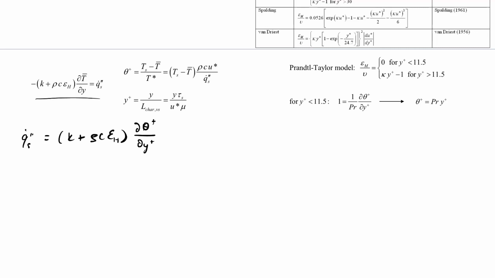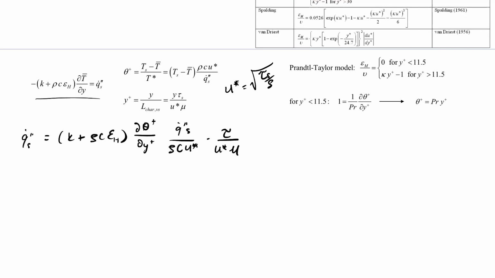And those are q dot double prime s over rho c u star times tau over u star times mu. Okay, and let's remember, make a note up here. So u star we said was the square root of tau s over rho. So let's see, we can get rid of a few things here.